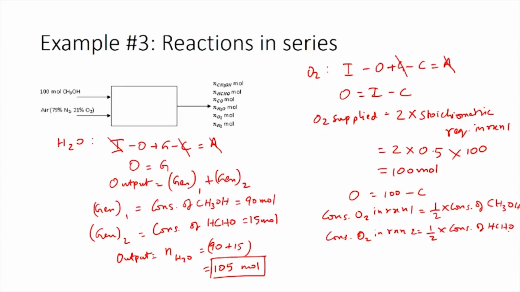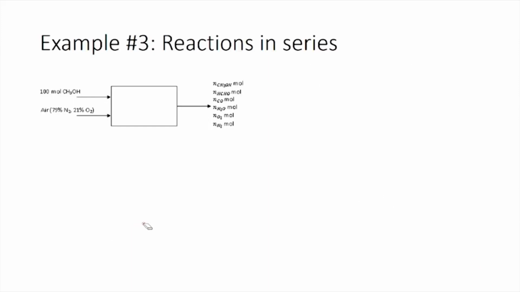So, now having this information, the total consumption of oxygen would be 0.5 times 90 plus 0.5 times 15, giving us a total value of 52.5 moles. So, now the number of moles of oxygen leaving the system, NO2, would be equal to input minus consumption. Input is 100 moles and consumption is 52.5 moles. So, NO2 is equal to 47.5 moles.